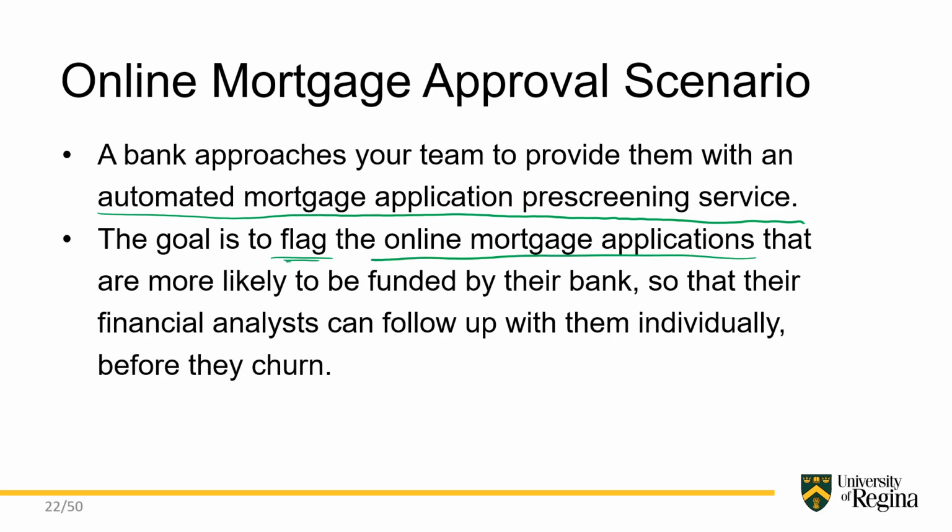You all know that a mortgage is a kind of loan that you get to buy your home, and they're usually quite large, I guess around $400,000 to, I don't know, $2-3 million.